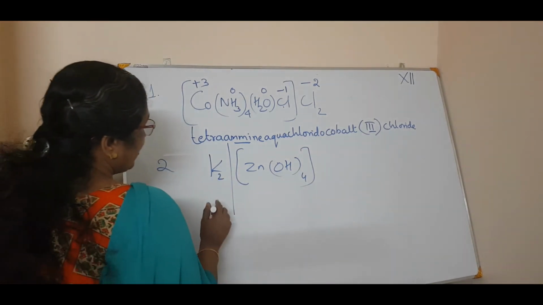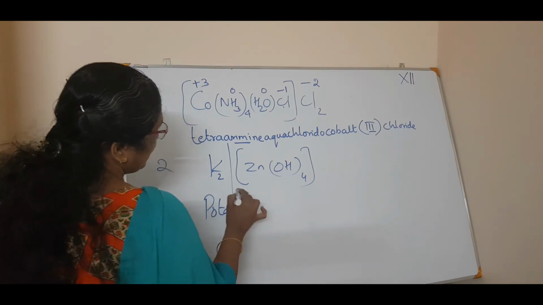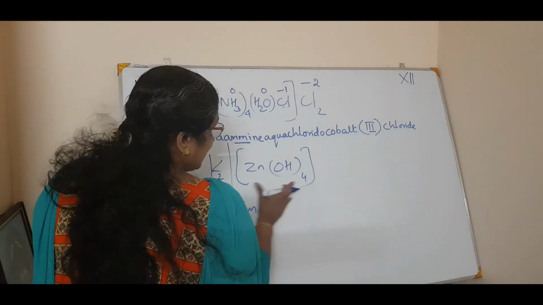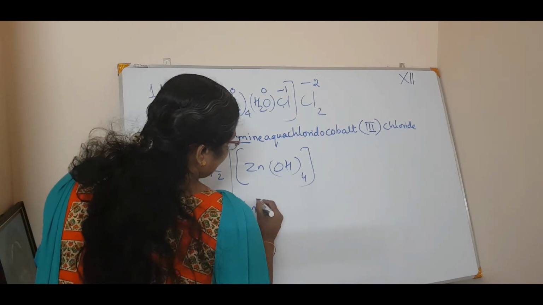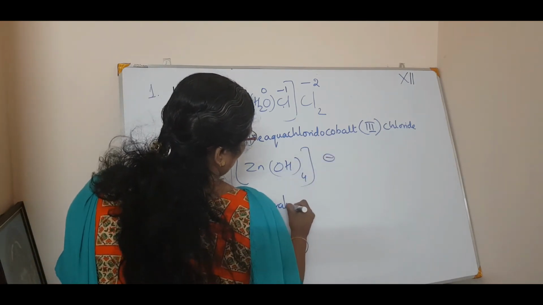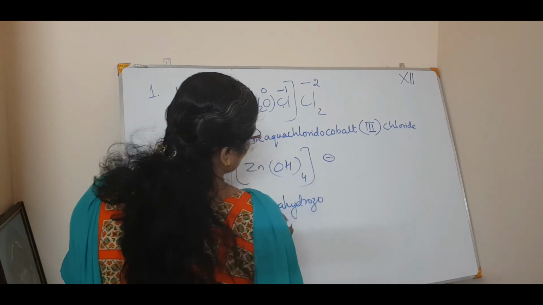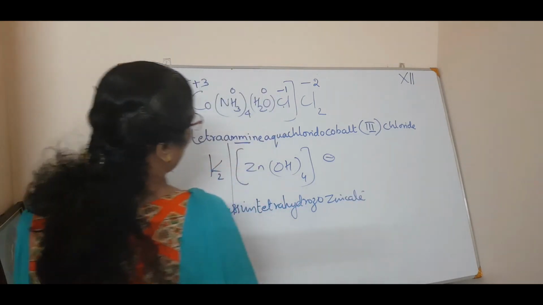What is it? Potassium. Then again this entity how we will write? The same as this. That is tetra. OH is minus ion. So hydroxo. So it is tetrahydroxozincate.